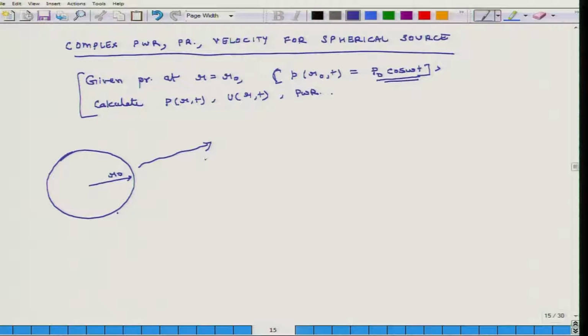We have to calculate at some point P the complex pressure, complex velocity and power. This is what we plan to do. So, this is our boundary condition: pressure at r naught, t equals P naught cosine omega t.